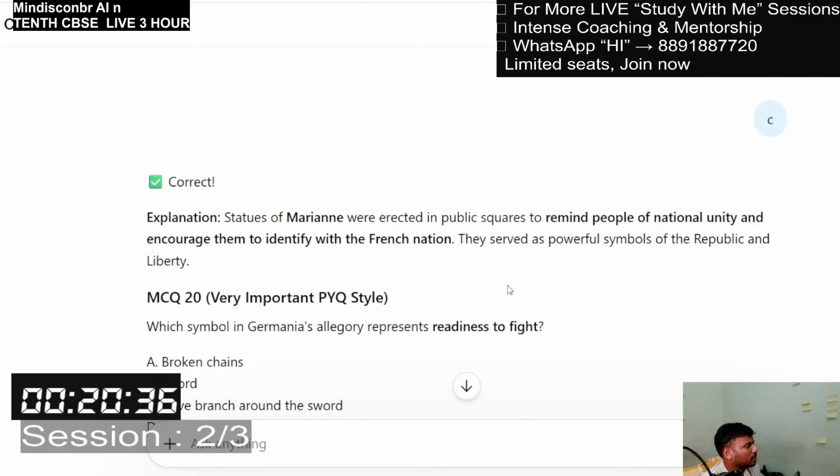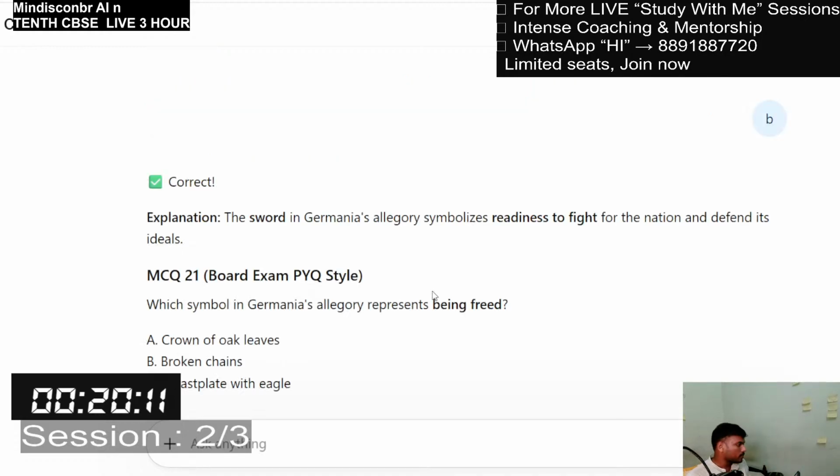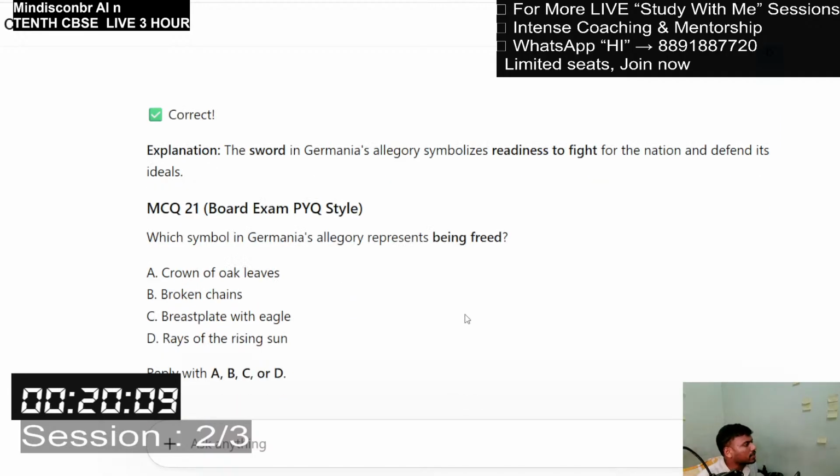Which symbol in Germania's allegory represents readiness to fight? Sword. Which symbol in Germania's allegory represents being freed?